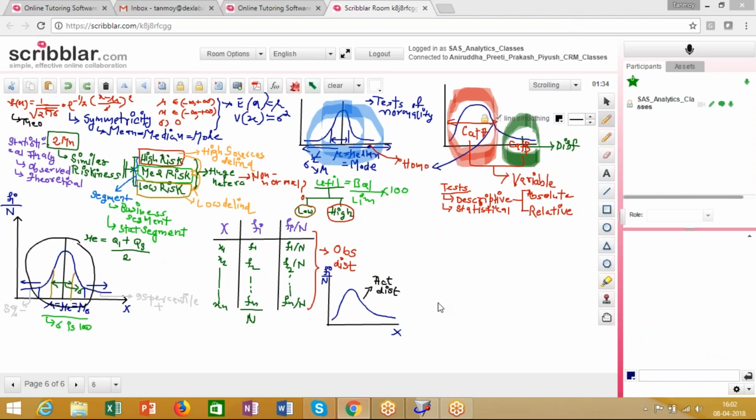Okay, so as we were talking about, we were talking about identifying normality using statistical measures. So let's start with an example as discussed.